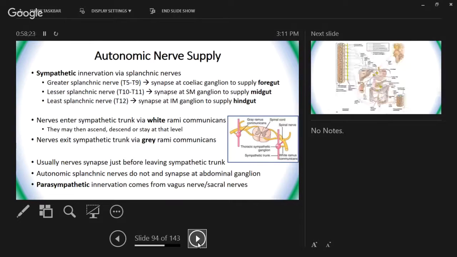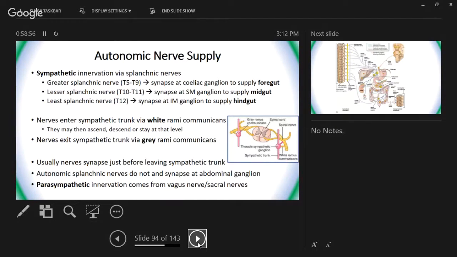Autonomic nerve supply. Again, this relates to your embryology, which is kind of nice. You've got the greater, lesser and least splanchnic nerves. The nerves from the sympathetic trunk, remember the sympathetic trunk. Your sympathetic nerves come from the same levels, and they move up and down the trunk at all levels, if that makes sense.